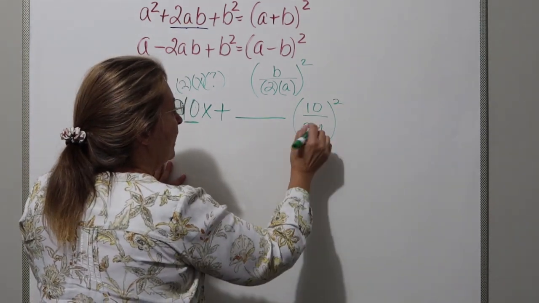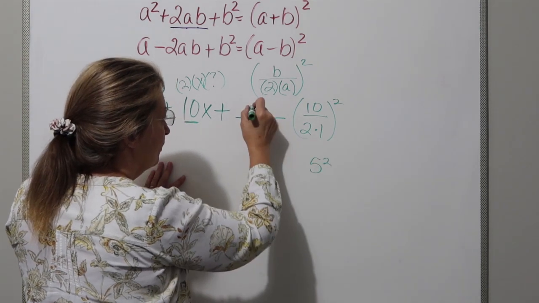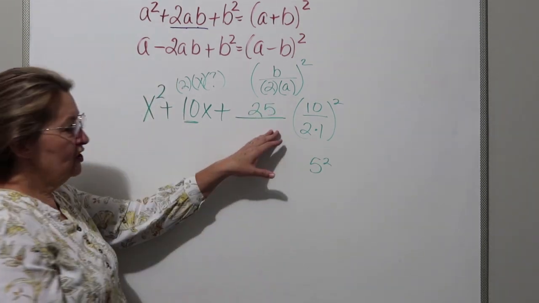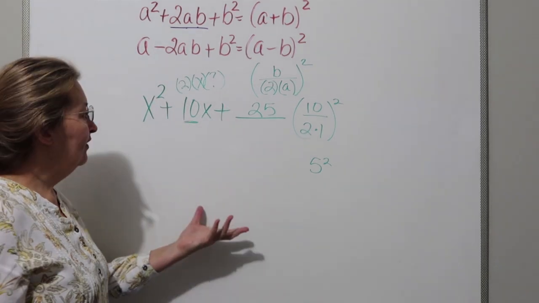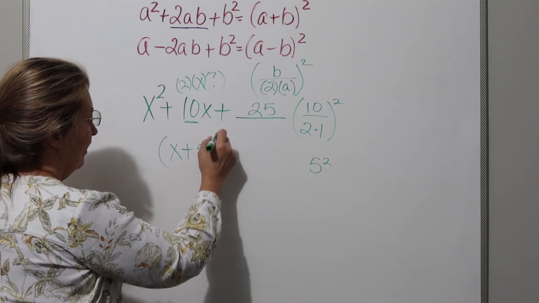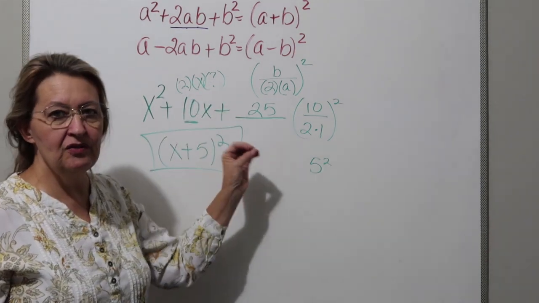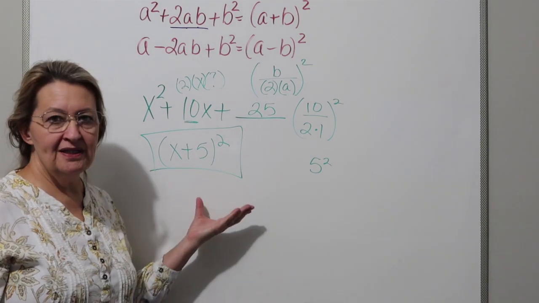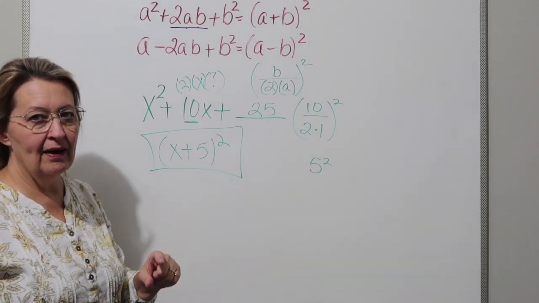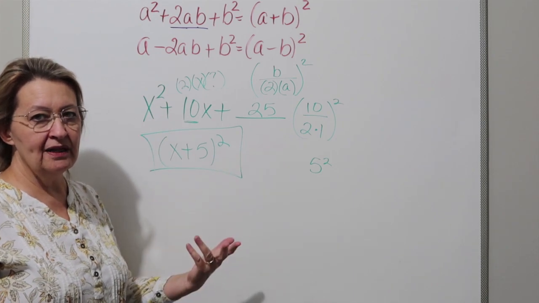And square it all. Now, 10 divided by 2 is 5 squared, which would give me a term of 25. And then writing this in factored form is just going to be x plus 5 squared. Once you get it into this format, the factoring is the easy part. So keep that in mind. Don't struggle to factor once you've gone through all the hassle of completing the square.